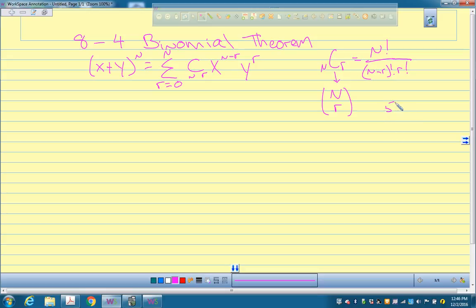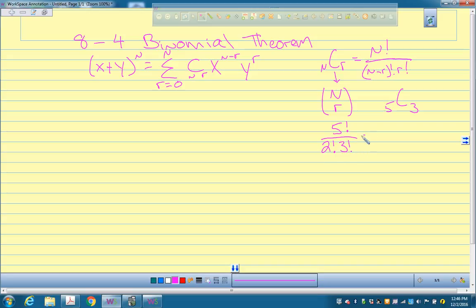So if you see 5C3, that means 5 combination 3. It means you have 5 objects and you're going to pick 3 of them. We're not really worried about that as far as probability goes. But if I did have 5C3, that means 5 factorial over 2 factorial times 3 factorial.